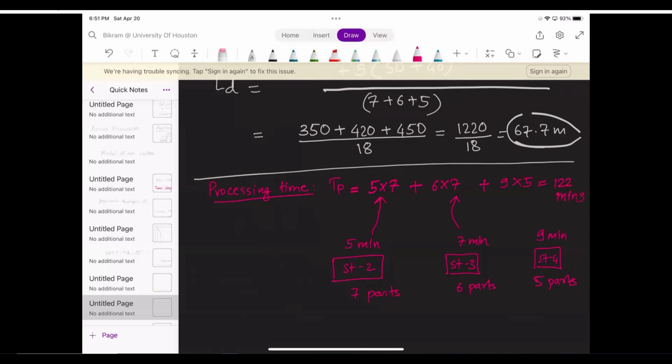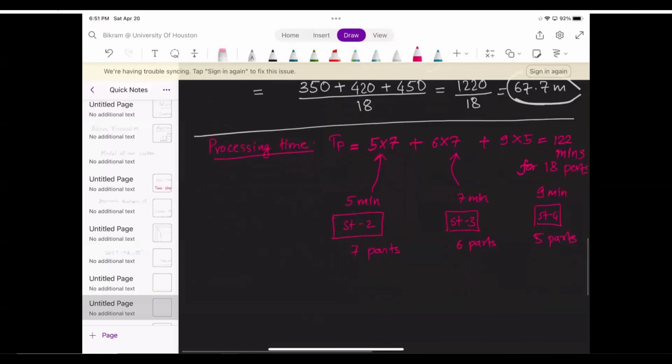This is the total processing time, and there are 18 parts in total if we add all stations. So for 18 parts, it takes 122 minutes. So for each part, the processing time is 122 divided by 18, which is 6.78 minutes. This is the average processing time.